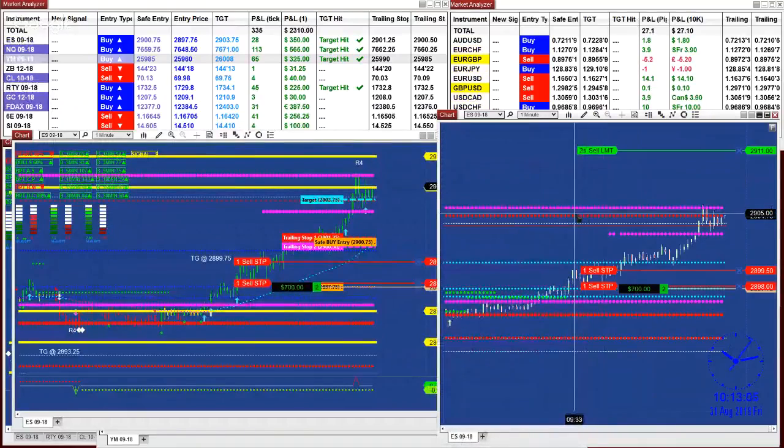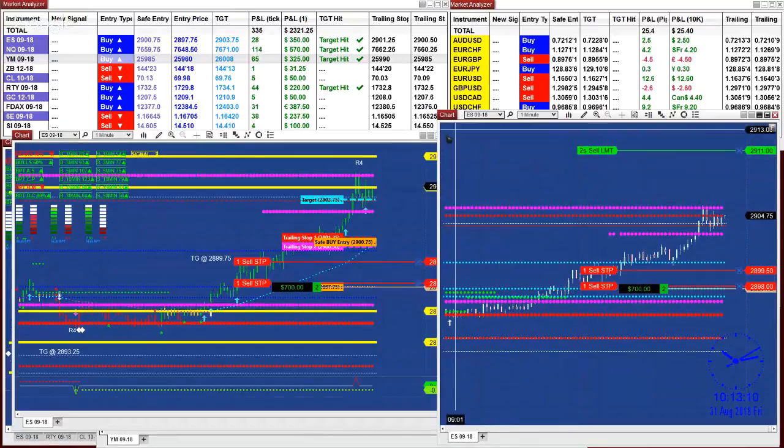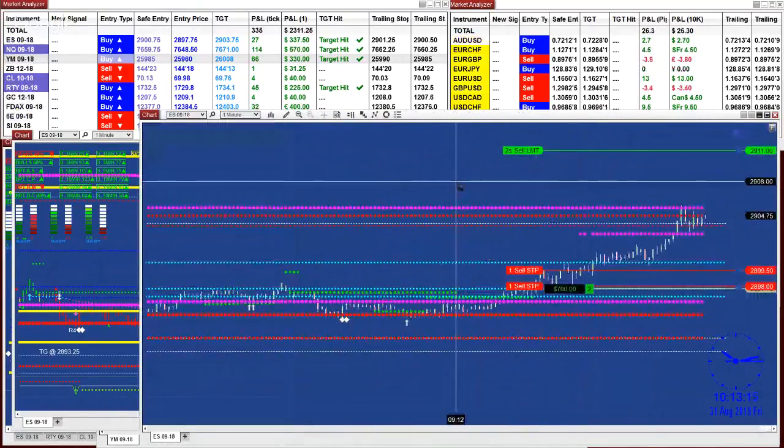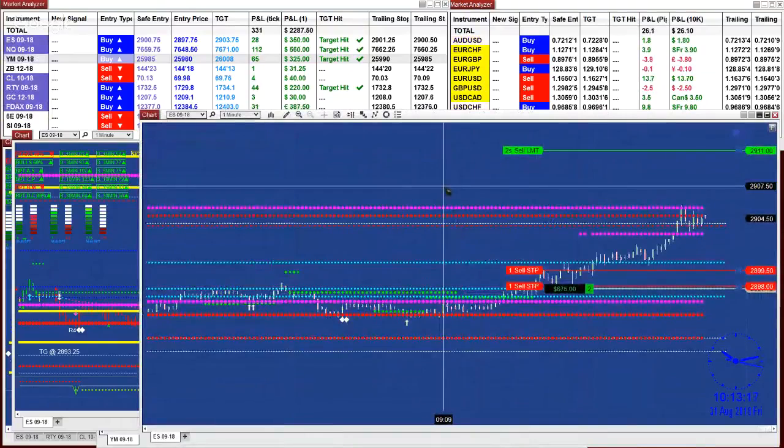Now here is the thing, especially for our traders when they are coming in. When you come in the morning, you don't know if you want to auto trade or manual trade. You don't know how this market is. You don't know how to read the market.